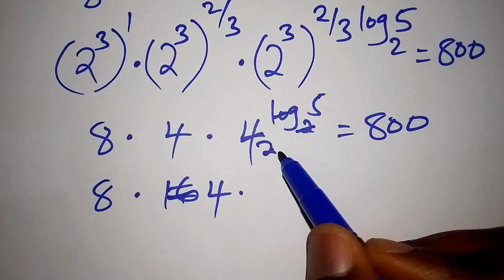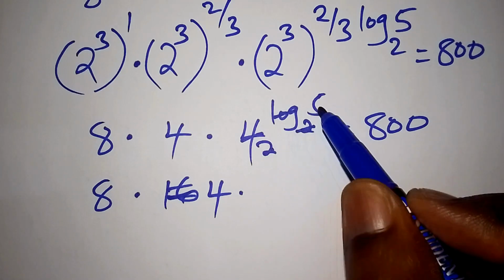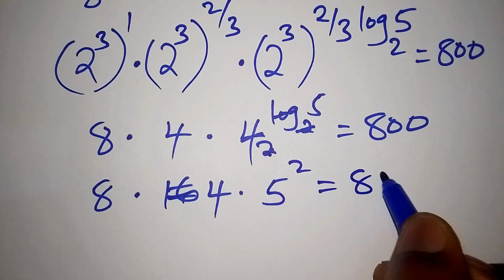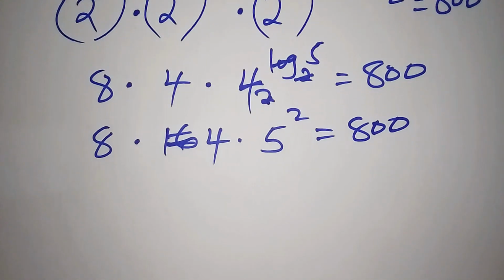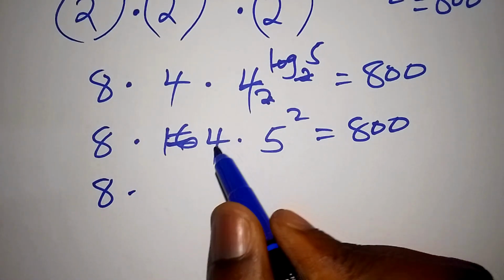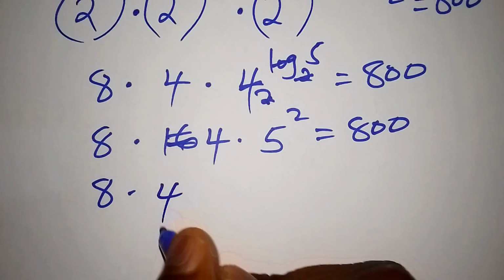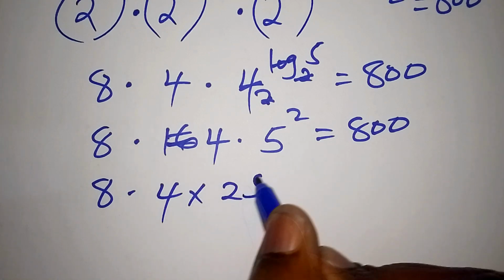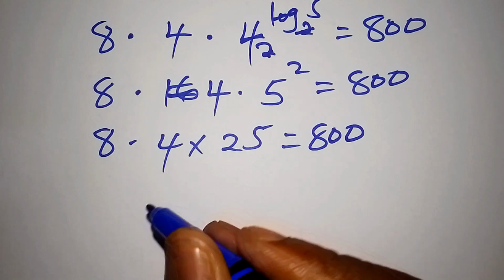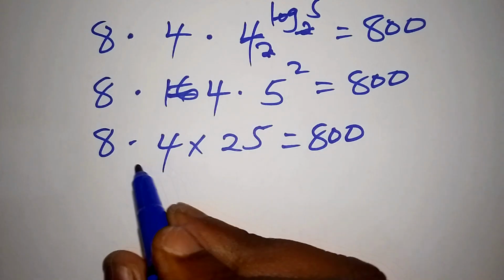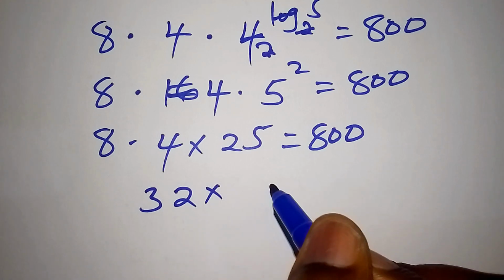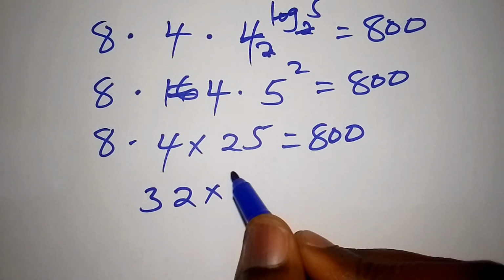So now we have 5 to the power of 2 equals 25. We have 8 multiplied by 4, then multiplied by 5 to the power of 2, which is 25, equals 800. 8 times 4 is 32, multiplied by 25.